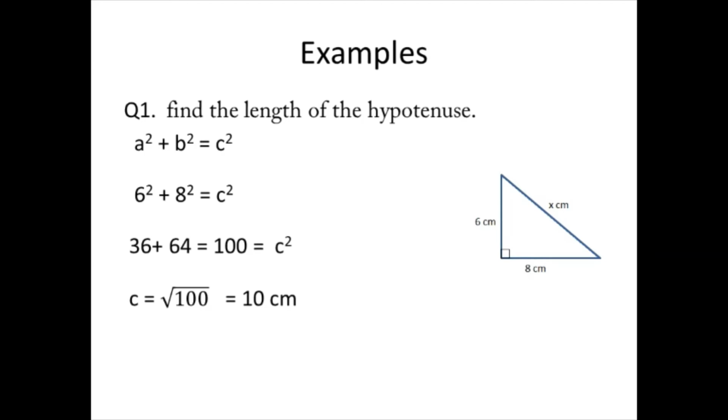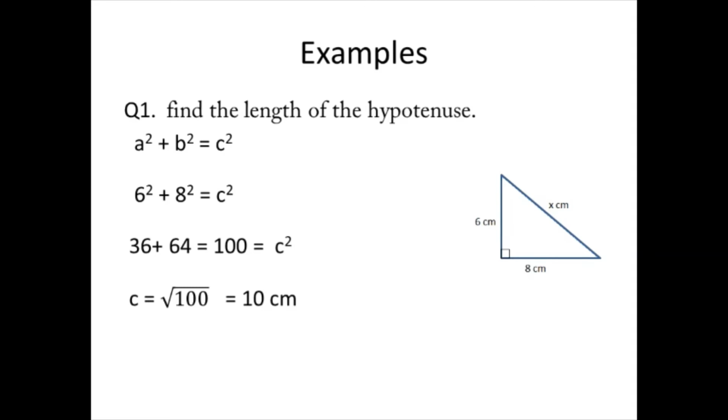A square plus B square, the sum of the squares of the other two sides, is equal to C square. We can write 8 as A and 6 as B also, no problem. So 6 square plus 8 square is equal to C square.